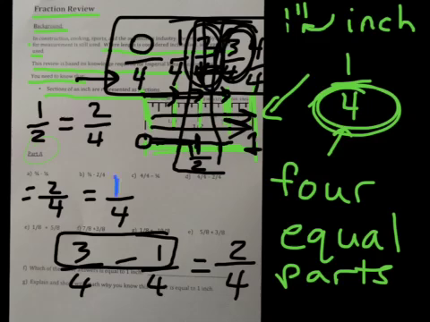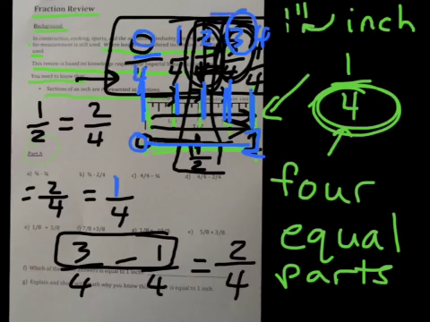Or we can look up at our ruler: from 0 to 4 is 1 inch, and I'm going to divide it up into quarters, so 0 quarters, 1 quarter, 2 quarters, 3 quarters, 4 quarters. If I go from 3 quarters and take away 2 of those quarters, I'm left at 1 quarter. So we can look at our ruler and get the same answer.